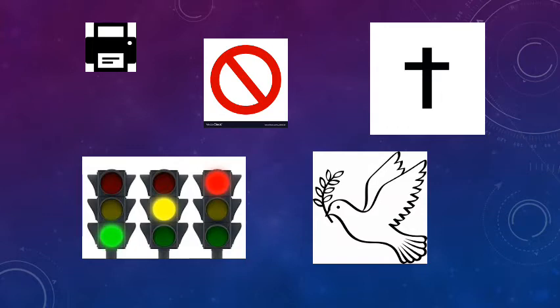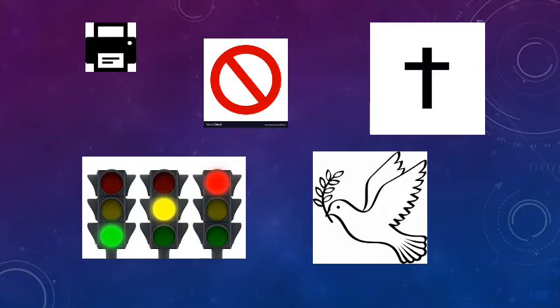So here's a picture of some signs and symbols. A sign is a physical object that represents something else physical, something in the real world, the tangible world. A symbol is a physical object that represents something not in the tangible world, something abstract. On our left, we have a picture of a printer icon.